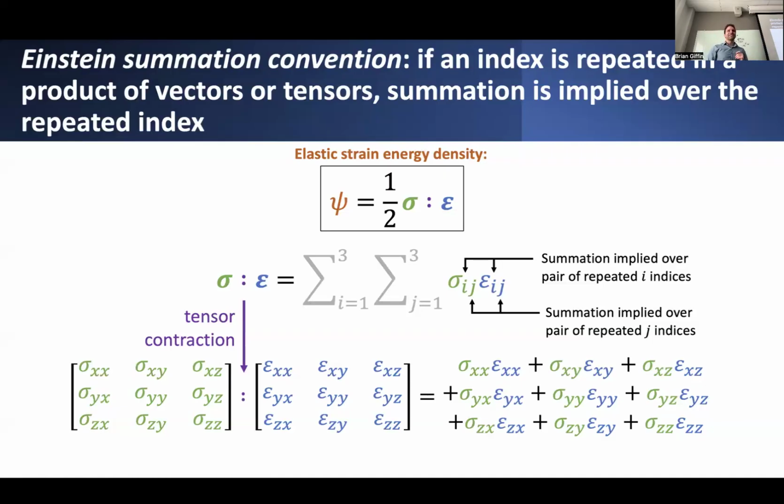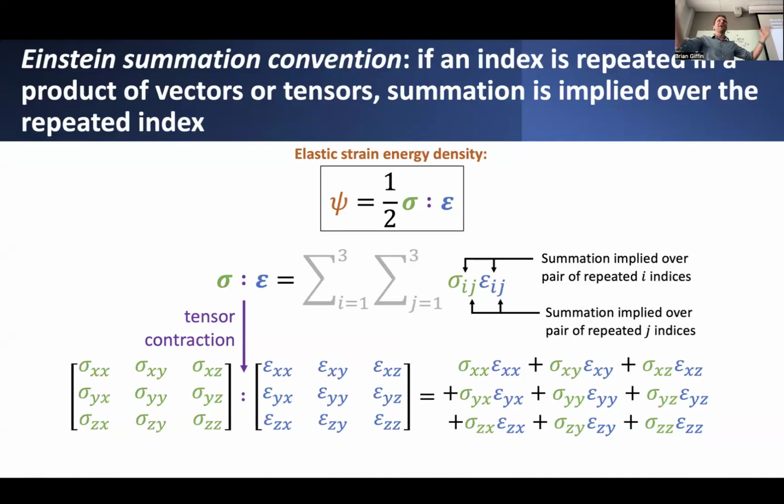So instead, they came up with this nifty shorthand, the Einstein summation convention, that basically said that if you have an expression that involves the product of two tensor-like quantities, and if you represent their indices in terms of, let's say, i and j subscripts, suggesting that you're iterating over particular values of i and j, then if there is a particular index i that is repeated in this expression, the implication is that I can write out this expression by omitting the summation over i, that big summation symbol, just forget about it.